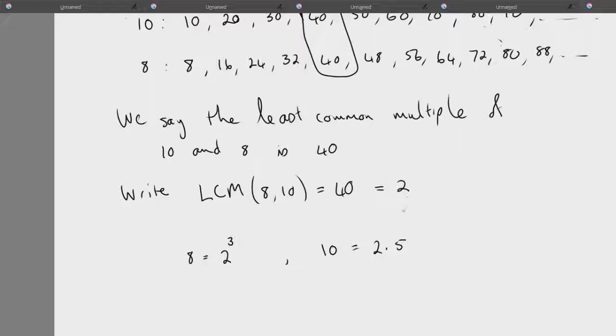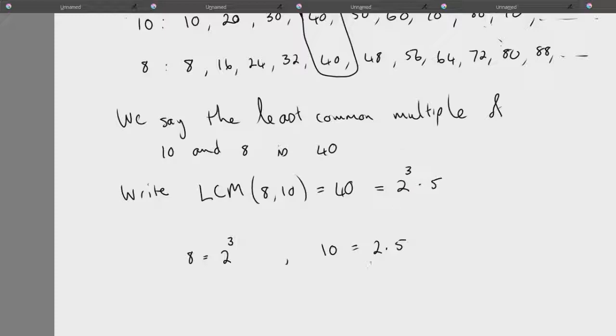So I'm going to have a 2, and I'm going to have 3 of them, otherwise 8 can't fit in. And if I leave it like this, 10 can't fit in unless there's another 5. Now 10 can fit in, and 8 can fit in. Not at the same time, but that's not the requirement.